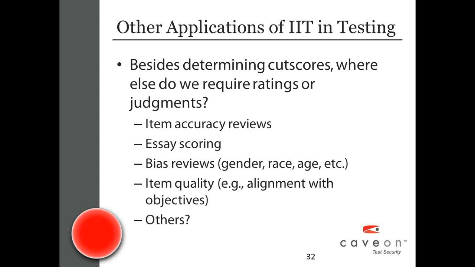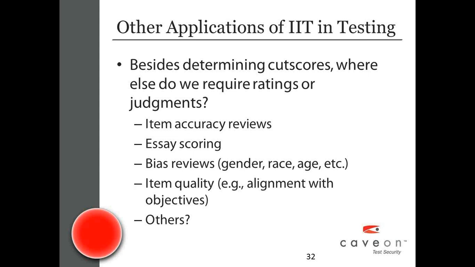But besides determining cut scores, I think there are many other areas in testing where we use judgments. I know a few. There are item accuracy reviews, essay scoring. Currently, we're involved with, as I mentioned before, a review of items for gender bias.